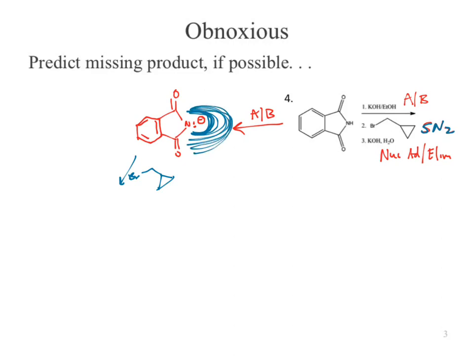Yeah, what is that? Charge, yeah, what charge? Negative, which would mean it is a strong nucleophile. Strong nucleophiles only run in SN2 conditions. Okay, so that's a big tip-off that we're going to do an SN2.